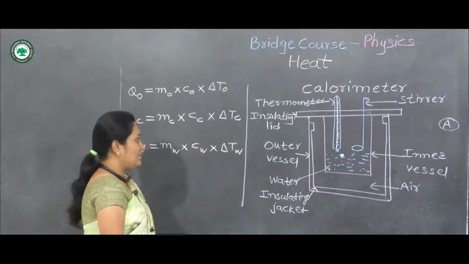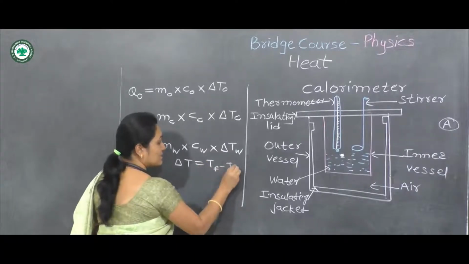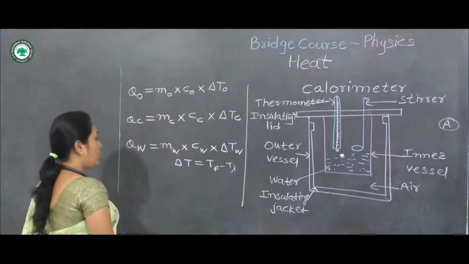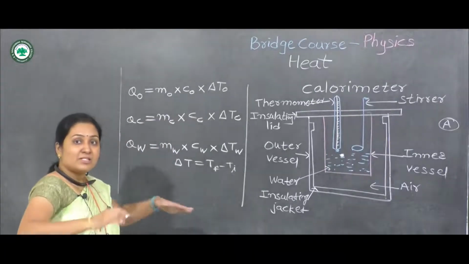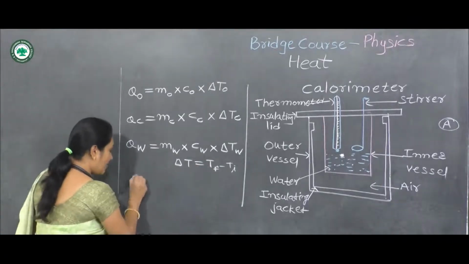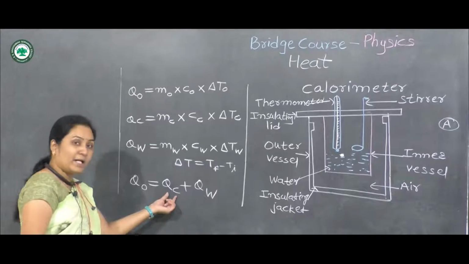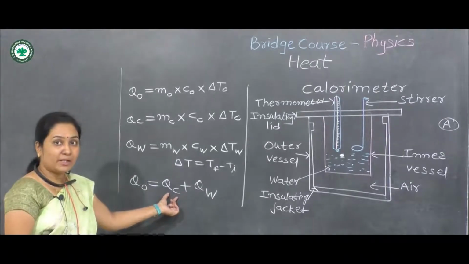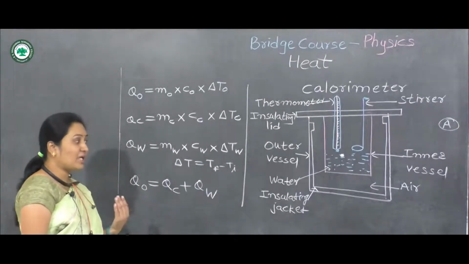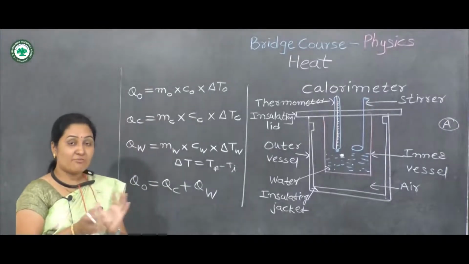This delta T is the final temperature minus the initial temperature. The total heat released by the object is equal to the heat absorbed by the calorimeter plus the heat absorbed by the water. By using this equation, we can measure the value of heat.